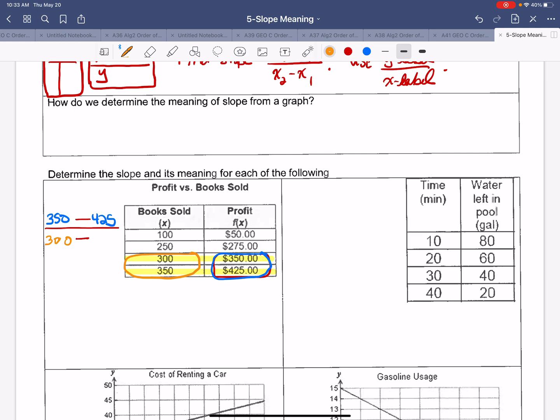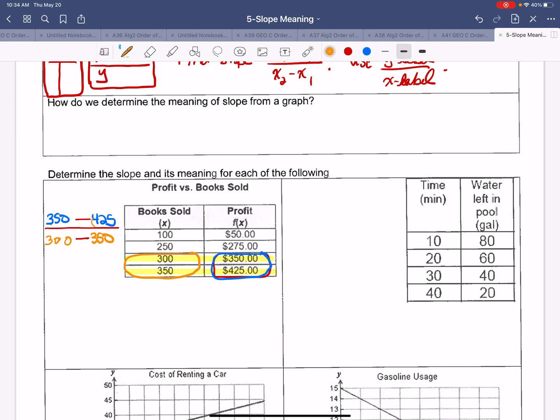And if I'm going to put 425 here, I want to put 350 right below that. So I put my y's on the top right here, and I put my x's on the bottom.